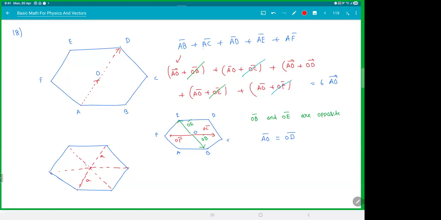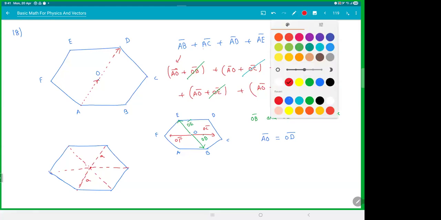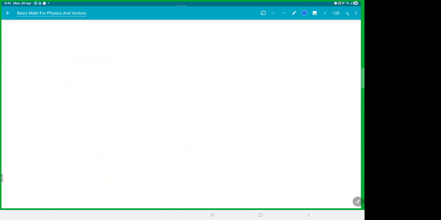Great. Let's see one more. So let's say we have a point here, A. Let's say we have a point here, B. So from origin to A, this vector is called A bar.